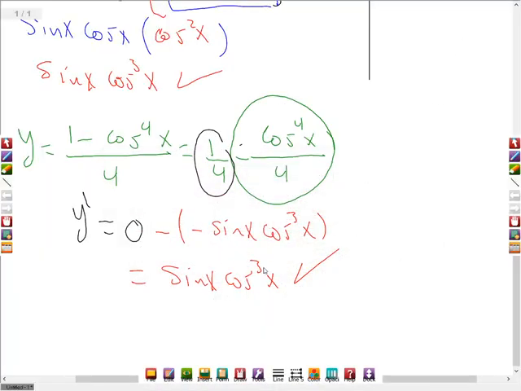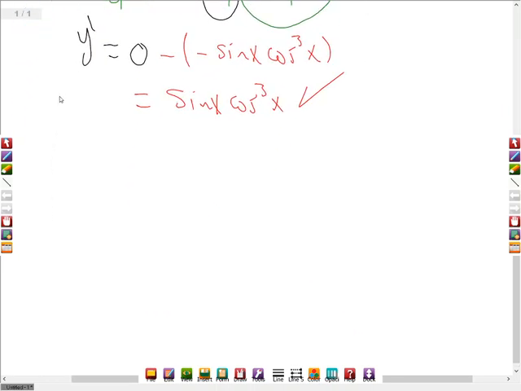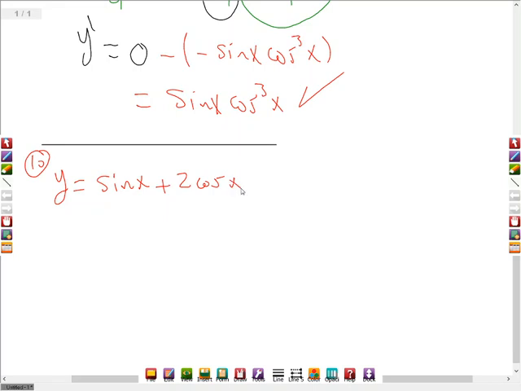We said y equals sine x plus 2 cosine x, for number 10, and the point is pi over 2 and 1.